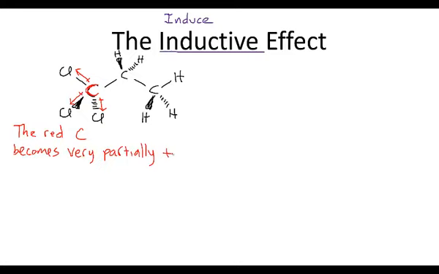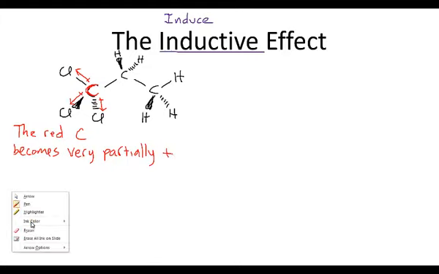So now, in the carbon-carbon bond, we would normally think, well, carbon-carbon bond is two of the same atom. No one's stronger. They're both equally strong. So that should not be a polar bond. But what happens now is this red carbon becomes stronger than it was before. Because it's got a partial positive charge, that means it's going to become more attractive to the electrons in the next carbon-carbon bond.